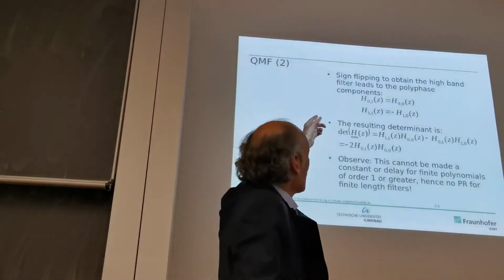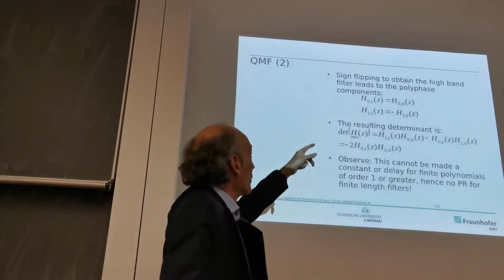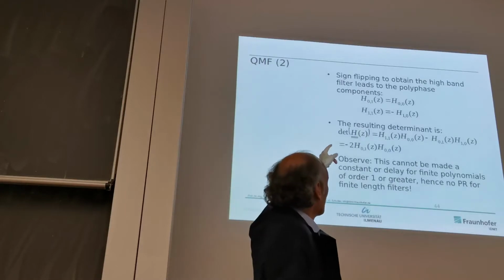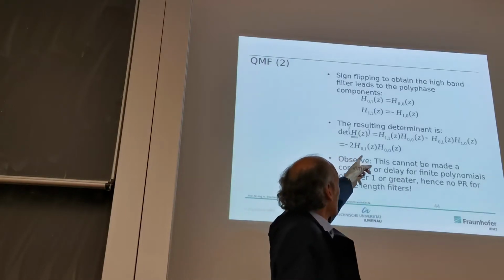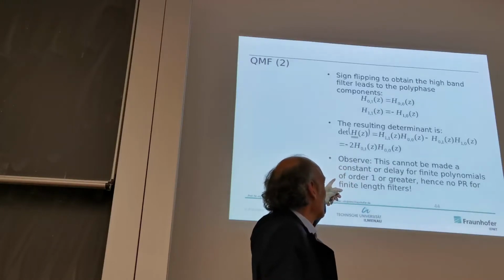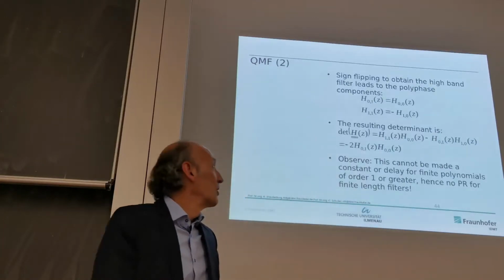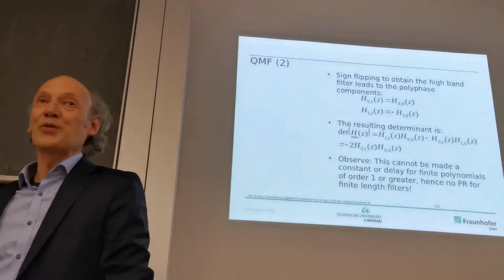Sign flipping to obtain the high band leads to these polyphase components, and that means the resulting determinant is this. Here we can see that this cannot be made constant or delay for finite polynomials of order 1 or greater. Hence, there is no perfect reconstruction for finite length filters.